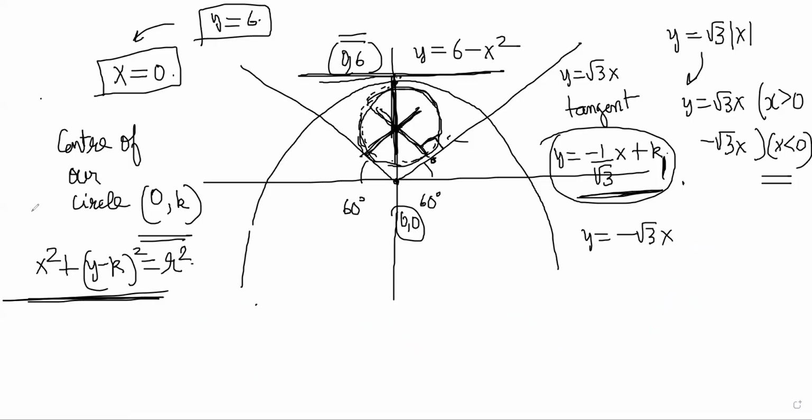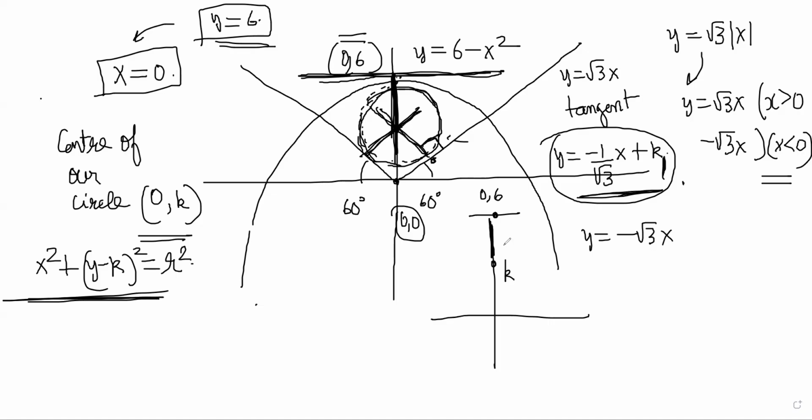So for that, and this line y is equal to 6 to be tangent, because y is equal to 6 is a tangent, I know the radius of the circle is simply, if this center was at k and this was 0, comma 6, this is the radius.